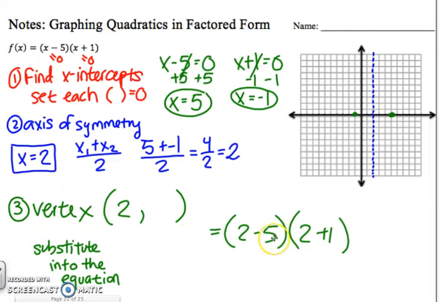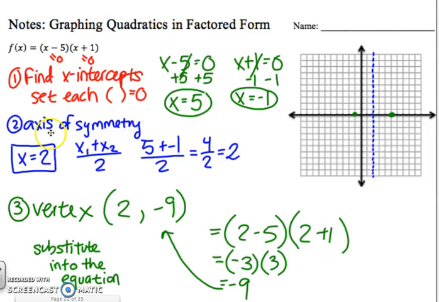So I had 2 minus 5 and then 2 plus 1. And then I'm going to solve that out. So 2 minus 5 is negative 3. Again, you could type this all in the calculator, or we can do it by hand. 2 plus 1 is 3. And then negative 3 times 3 is a negative 9.